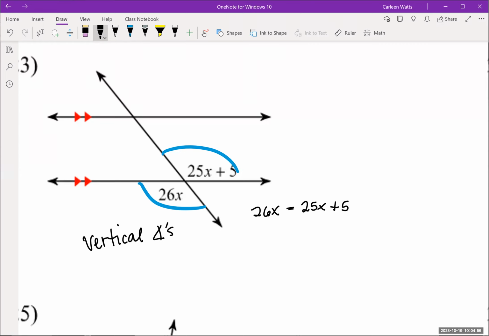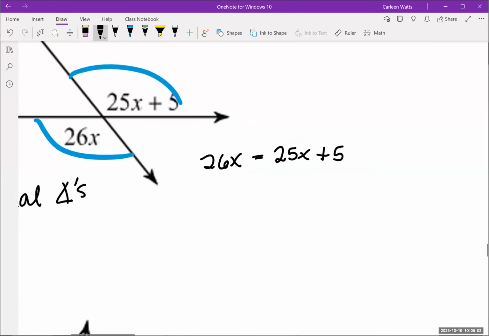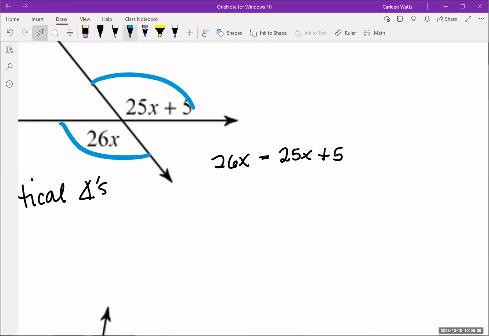Okay, gang. Some of you will be in advanced algebra next year, right? So how do I solve that equation? Do I combine the 26x and the 25x, or do I isolate the variable by moving the one that's on the wrong side? Okay, so is my next step combine or isolate?